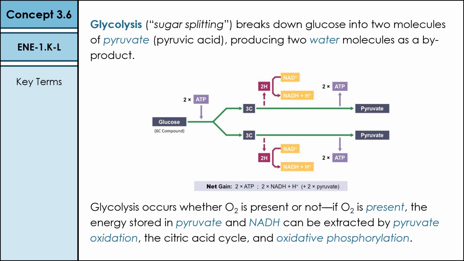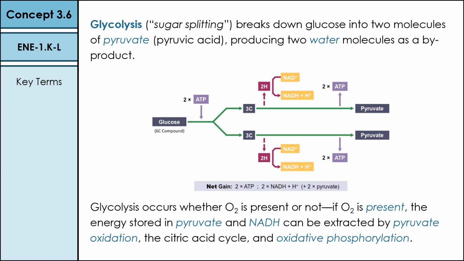If oxygen isn't present, then we really can't do much with these products because we have no further steps in the cycle that we can engage in. And so they'll have to take an alternate pathway, which we'll come back to at the end of this presentation.